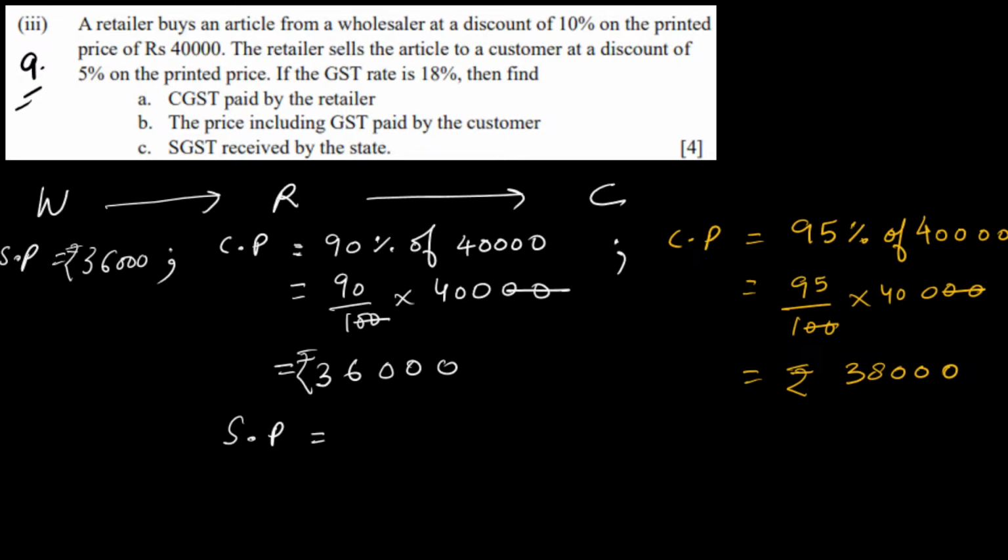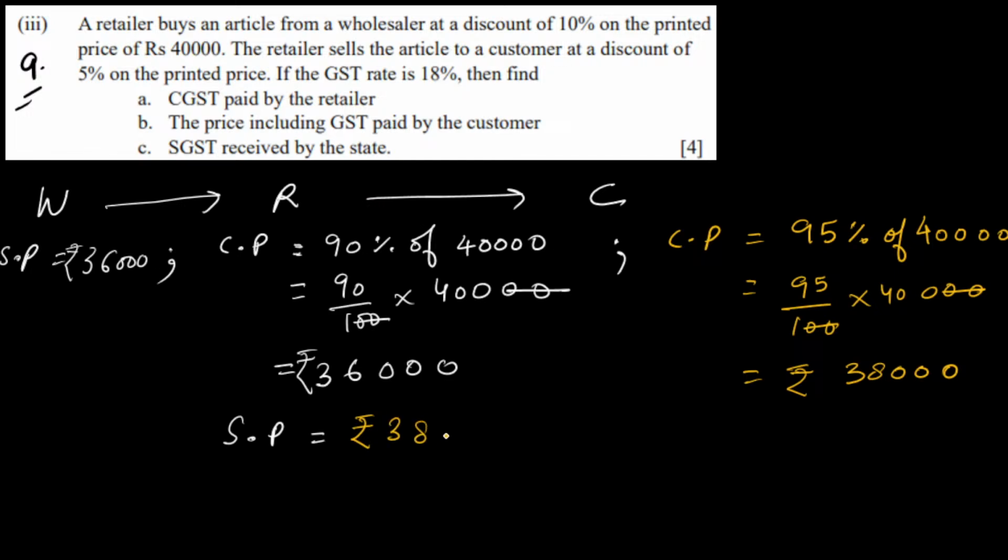Now, first thing, whenever three persons are involved, always figure out the cost price. This is a different type of question. If three persons are involved, it's better to figure out the selling price and cost price.